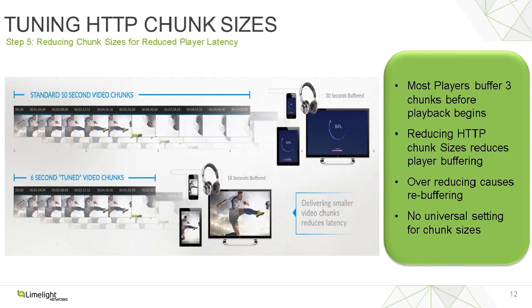Okay, so now to tuning chunk sizes. I talked about this a little bit earlier, but let's see an example of tuning chunk sizes. Most video players need to buffer 3 chunks of video before playback begins. So by reducing the chunk size of our HTTP packets, we can reduce the amount of data that's being buffered by the player.